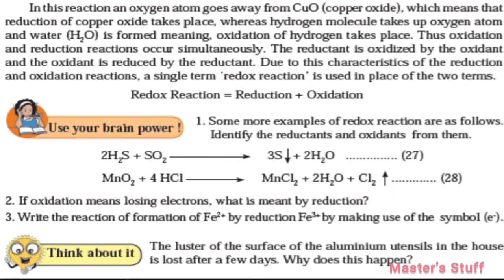Therefore, redox reaction is equal to reduction reaction plus oxidation reaction. Here are few examples of redox reaction. That is 2H2S plus SO2 gives 3S plus 2H2O and MnO2 plus 4HCl gives MnCl2 plus 2H2O plus Cl2.